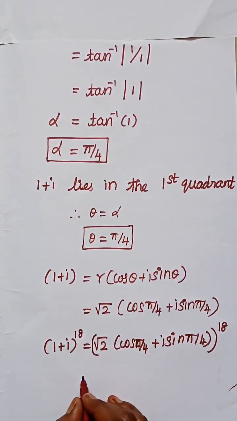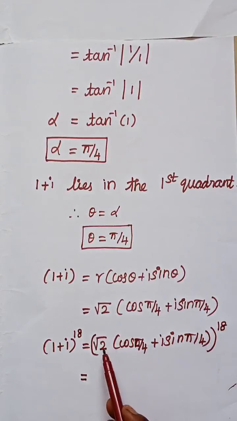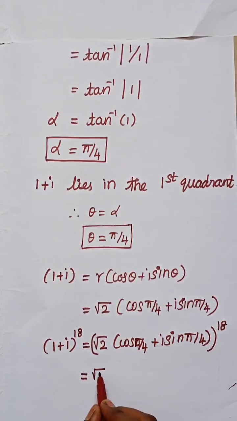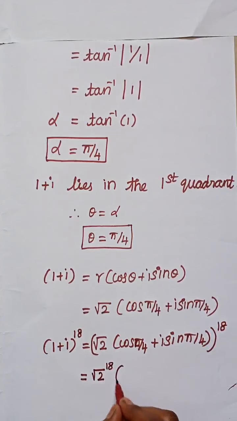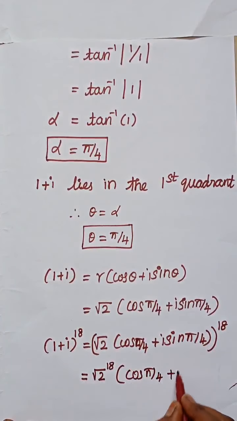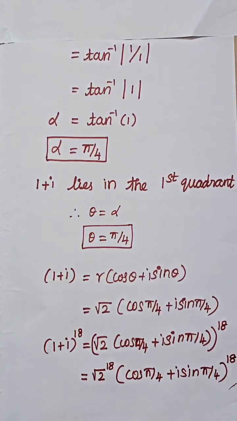Now write the power in separate terms. Here root 2 exists, so root 2 power 18 into (cos pi by 4 plus i sin pi by 4) the whole power 18.